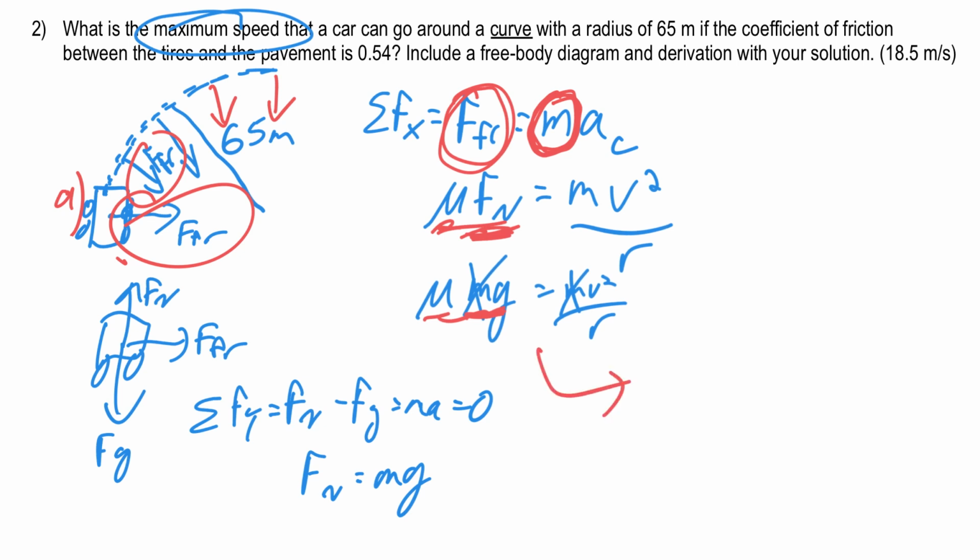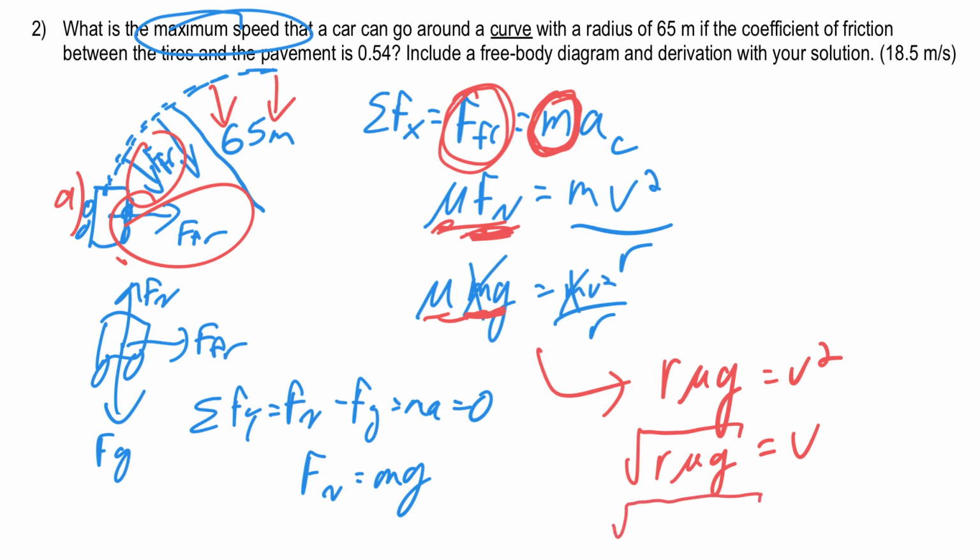So let's continue the problem. We're solving for v, right? So this would be r times mu times g equals v squared, or v equals the square root of r mu g. Let's plug in the numbers. The radius was given as 65, mu was given as 0.54, and little g is little g.